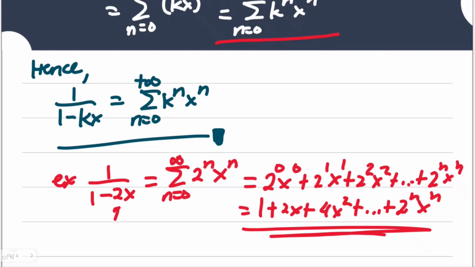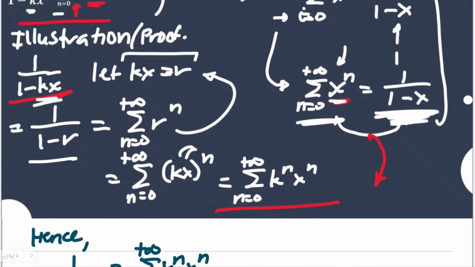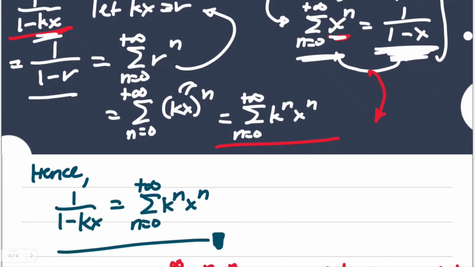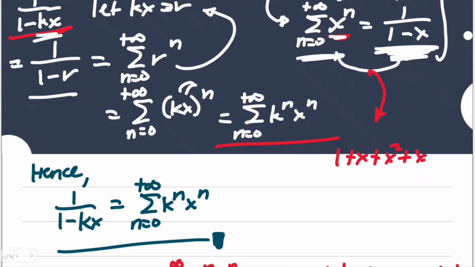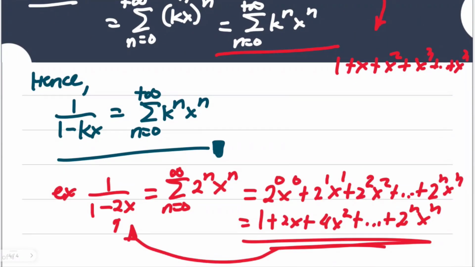This is the expansion for this, which is different from the expansion of the previously discussed identity, which is just equal to 1 plus x plus x squared plus x cubed until you have x to the power of n. It's very different. The coefficients are no longer equal to 1.